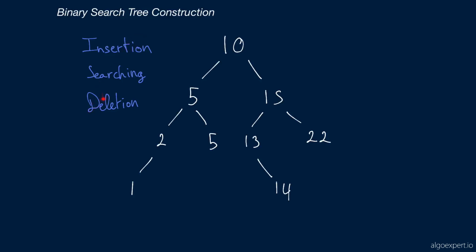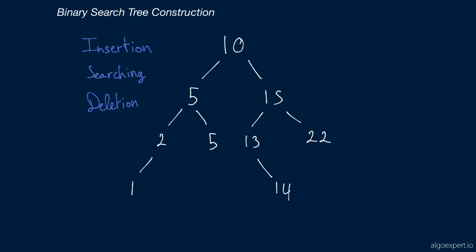Now, these three methods are all going to follow very similar logic, and they're going to take advantage of the BST property, which is why a BST is good in the first place, because these three methods can be implemented very optimally and can run very fast in terms of big O on a BST.